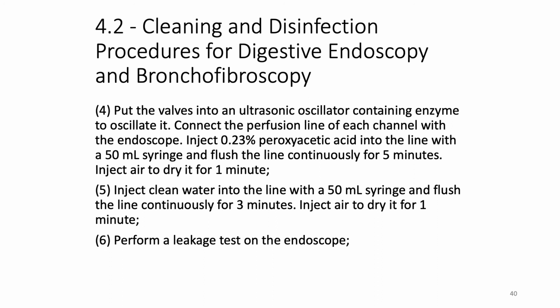Inject 0.3% peroxyacetic acid into the line with a 50 ml syringe and flush the line continuously for 5 minutes. Inject air to dry it for 1 minute. 5. Inject clean water into the line with a 50 ml syringe and flush the line continuously for 3 minutes. Inject air to dry it for 1 minute. 6. Perform a leakage test on the endoscope.